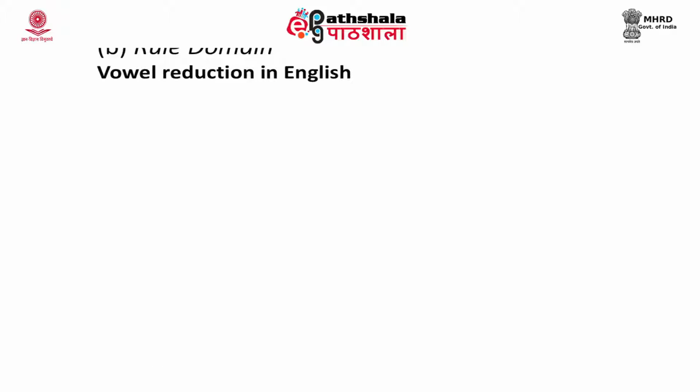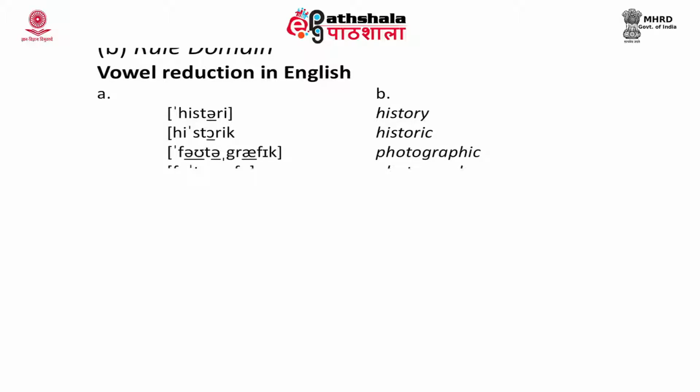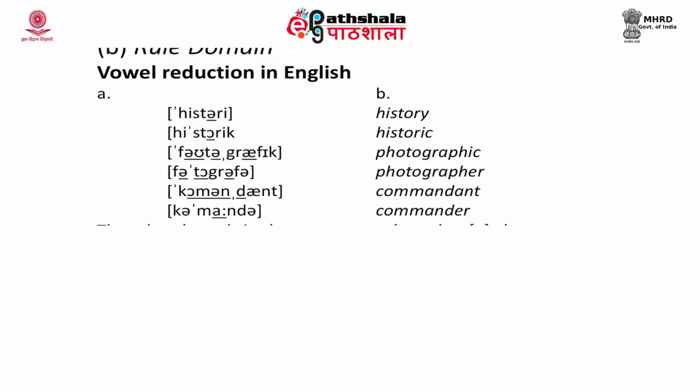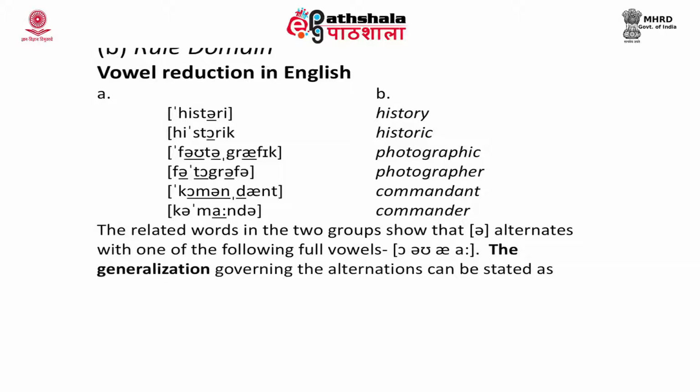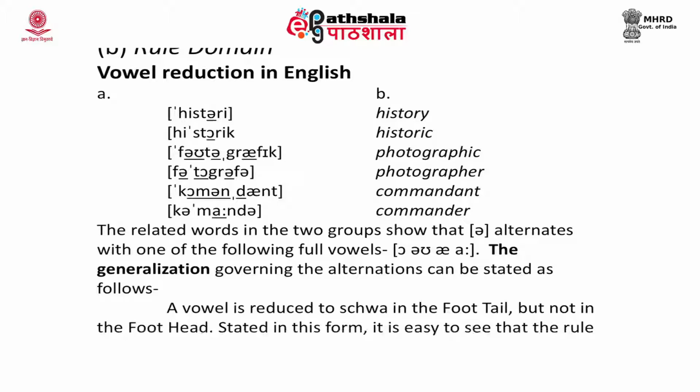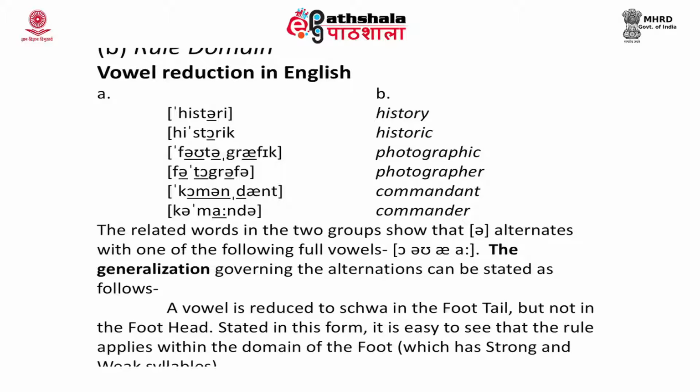Rule domain. Just as we have seen that the foot must be included in the statement of the reduplication rule in the language, we also have rules which must be seen to be applying within the domain of a foot. For example, vowel reduction in English and in many languages. In fact, we have examples from English. Look at the data on vowel reduction in English.